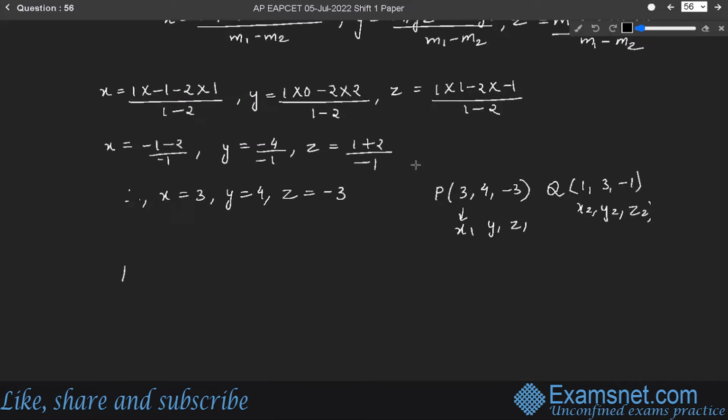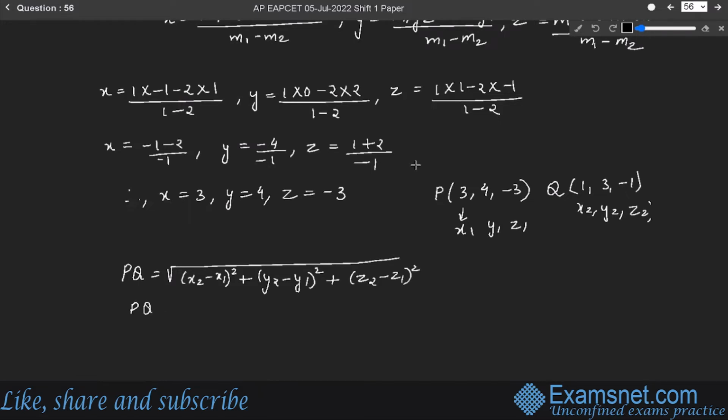By using the distance formula, PQ will be the square root of (X2 minus X1) whole square plus (Y2 minus Y1) whole square plus (Z2 minus Z1) whole square.